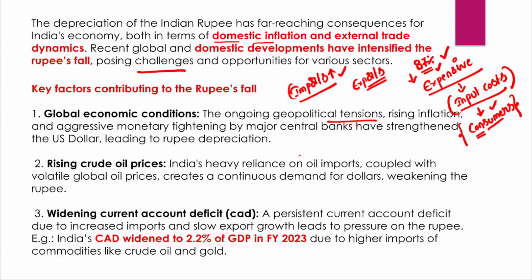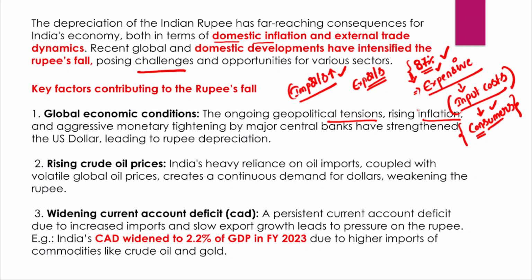Because volatility and instability in the Middle East will impact the oil prices as well. So higher oil prices means India needs to pay a higher amount of money to import oil from other countries. So that would further increase inflation in India, right? Higher oil prices mean inflation not just in India but in other countries also, because oil reserves are mostly concentrated in the Middle East.